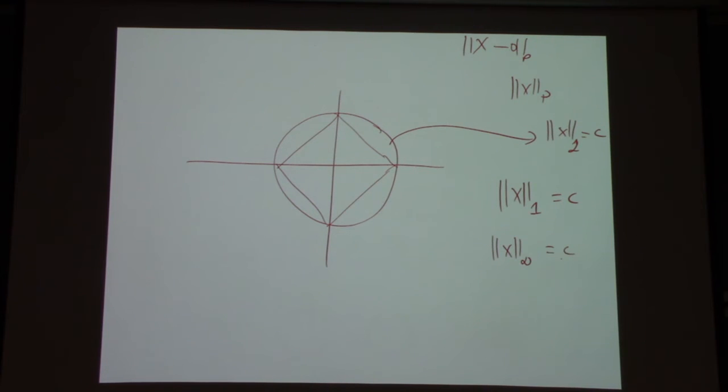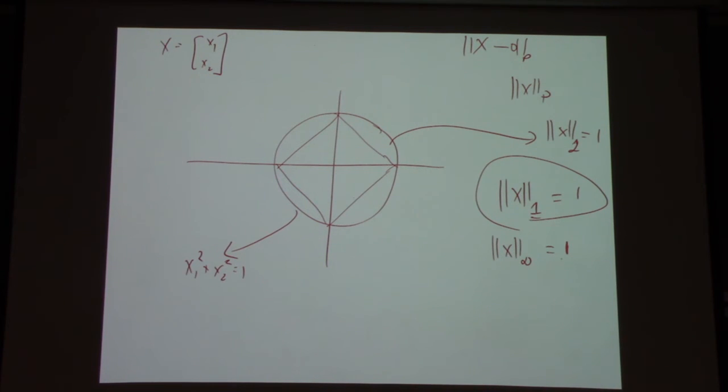Let's first think about L1. When L1 equals a constant, let's see why this looks like this. Let's just pretend that the constant is 1. When L2 is 1, you get the circle: x1 squared plus x2 squared equals 1, where x is the vector x1, x2. That should be clear.